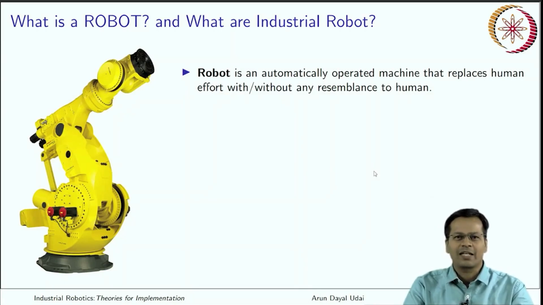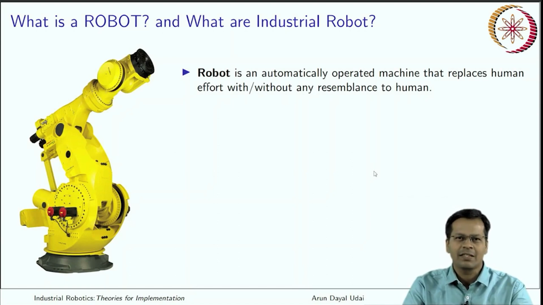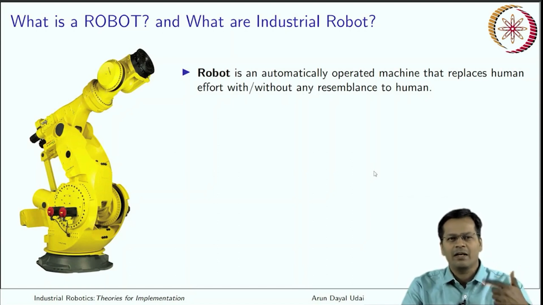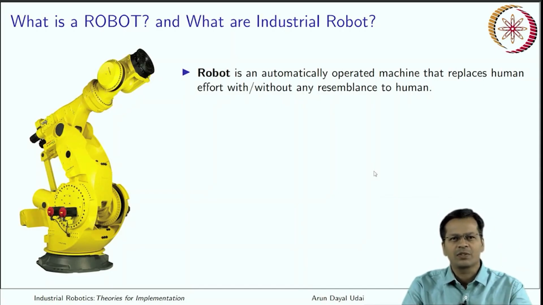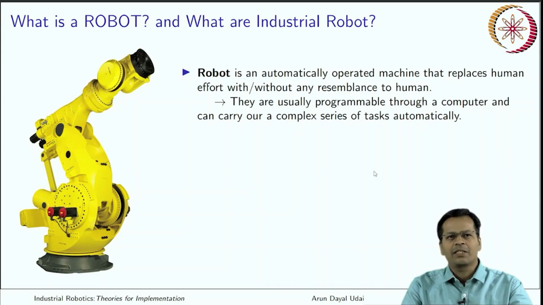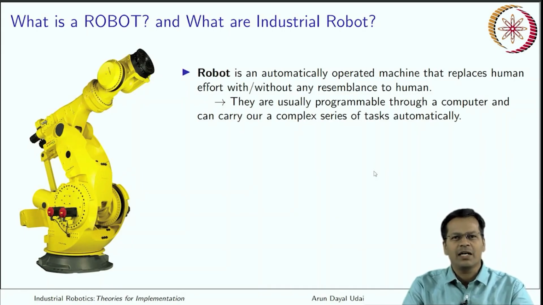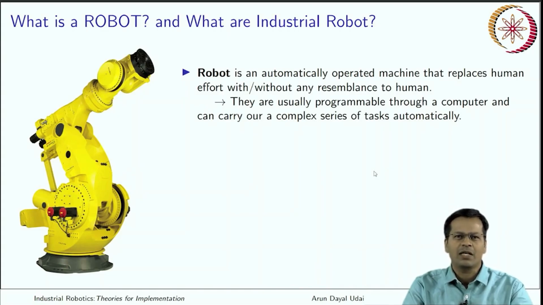Industrial robots are not like that, right? They are very much limited in their function, but they are made to do some specific task, and they can do it every now and then, frequently, and round the clock, 24/7. This is a further subset of the definition. They are usually programmable through a computer and can carry out a complex series of tasks automatically.